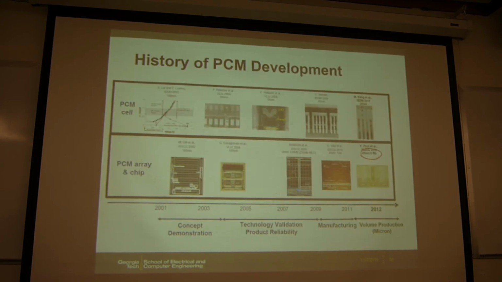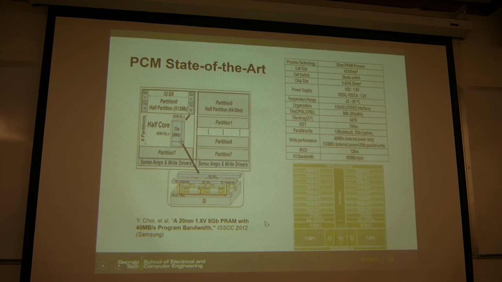But before that, let's look at this design. This is the 20 nanometer, 8 gigabit phase change memory cell design by Samsung in 2012. And you can read the details of the chip specs. I will skip that. But I want to say that after 2012, Samsung almost gave up.